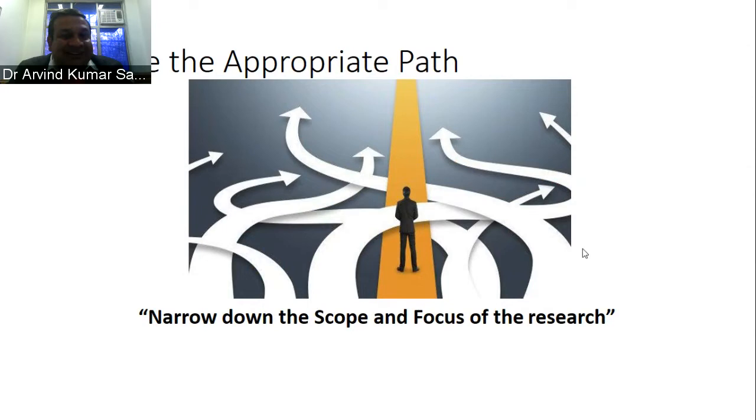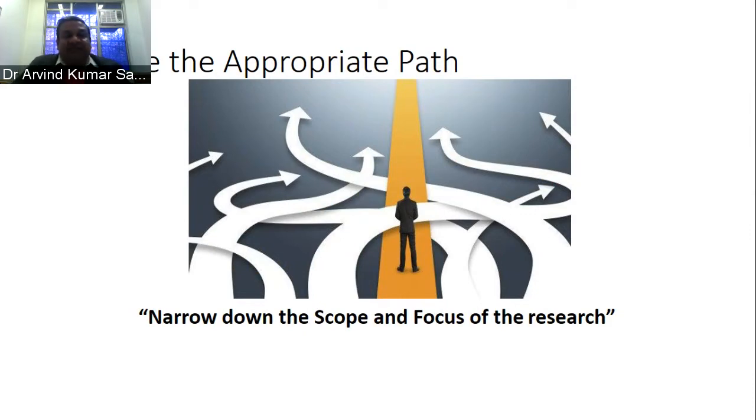You have to set some boundaries. Maybe you want to do it on Asia, or the country India, or a state, or maybe the city New Delhi. So that's the step where we choose the appropriate path by narrowing down the scope. That means drawing certain boundaries, so that now I will not move further from these boundaries.